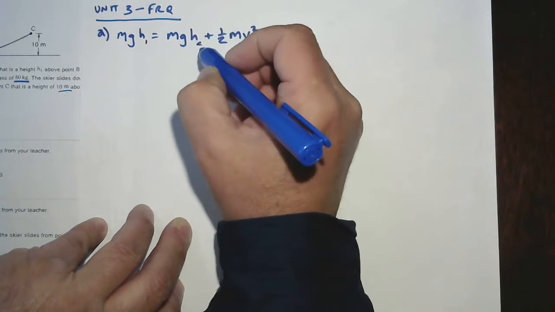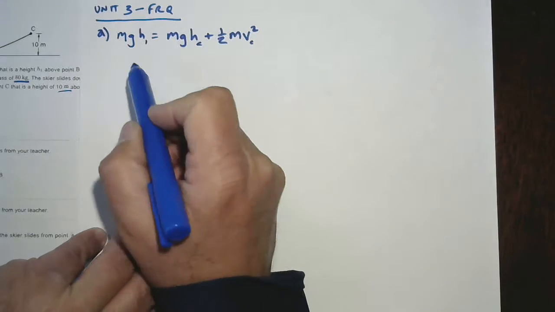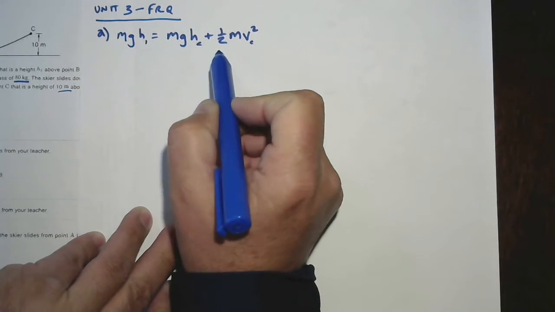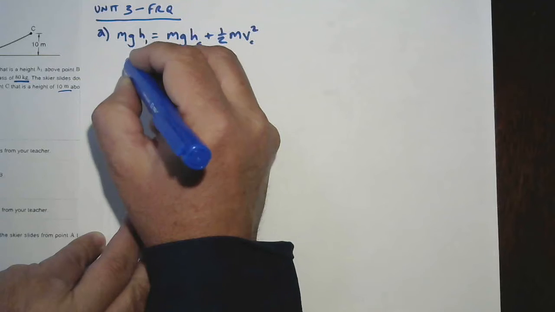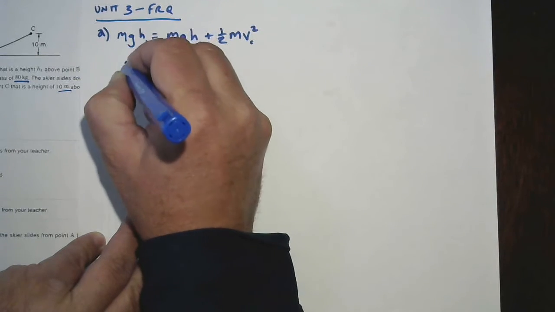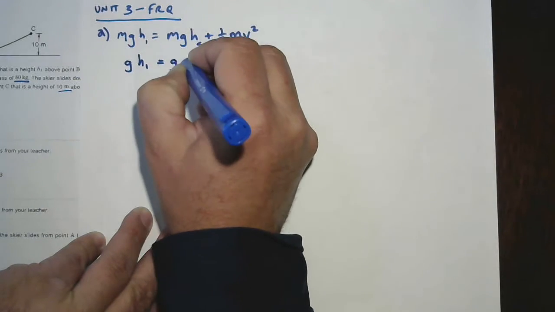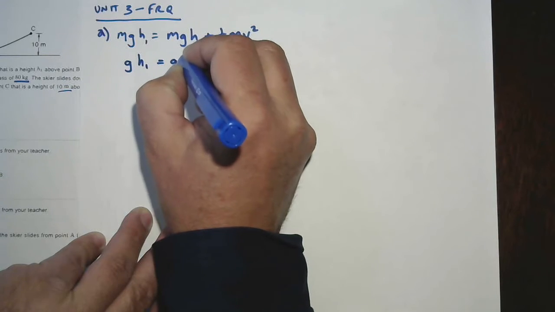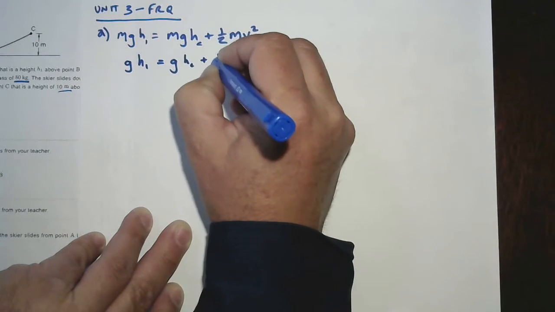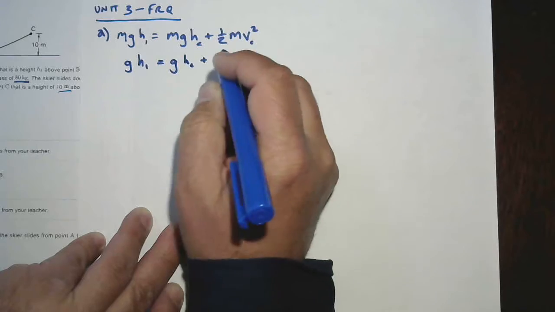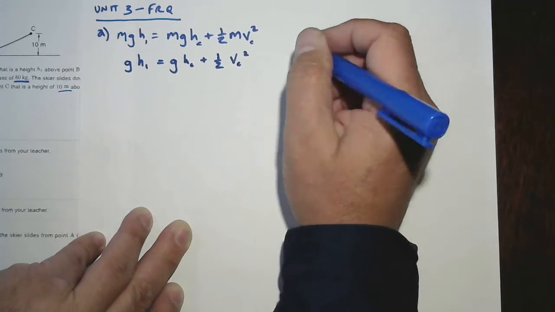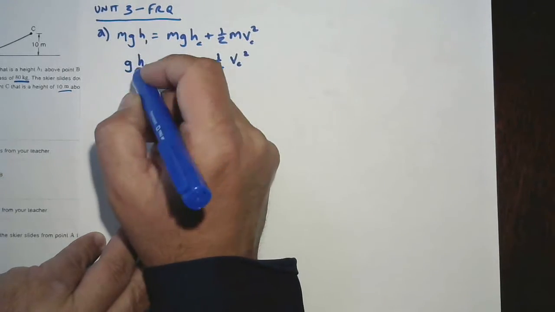And the interesting thing about this, if we want to solve for h1, is that, of course, the masses will cancel out. So it doesn't really matter that the skier is 80 kilograms. So g times h1 is going to equal g times hC plus 1/2 velocity at C squared. Okay, probably a waste of ink there because we can go ahead and put numbers in.